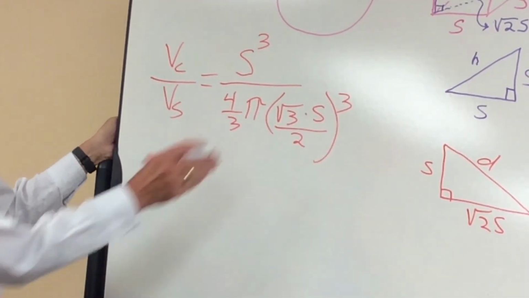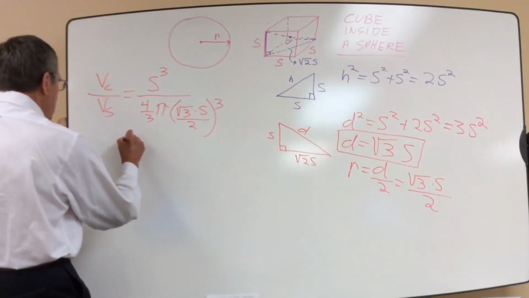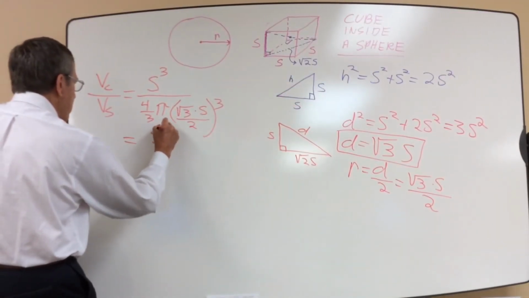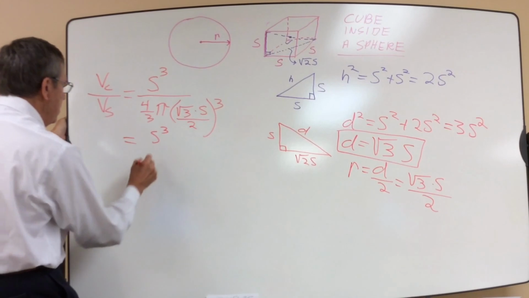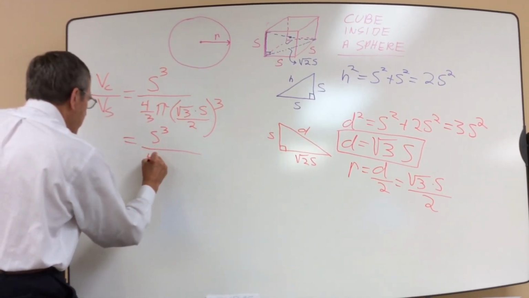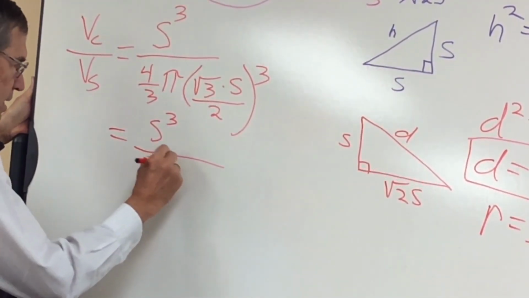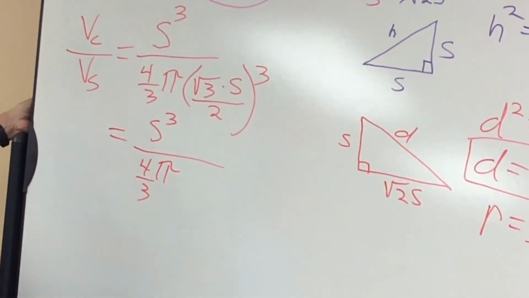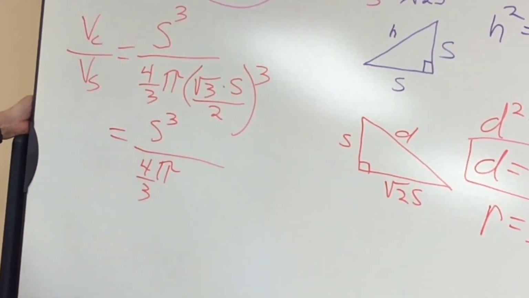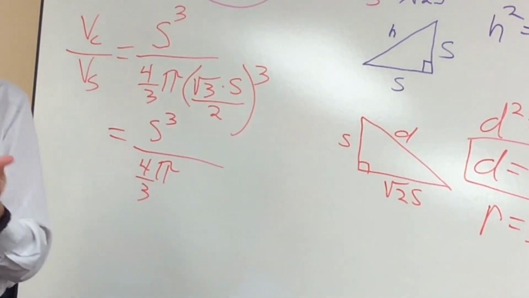All right, so let's go ahead and do the cubing process. So we have s cubed here on the top, that's from the cube. I'll continue to do the whole fraction on the bottom until we have everything done. So there's our 4/3. We have pi with 4. Now, I'm going to cube everything inside here. When I cube the square root of 3, let's think what cubing means.